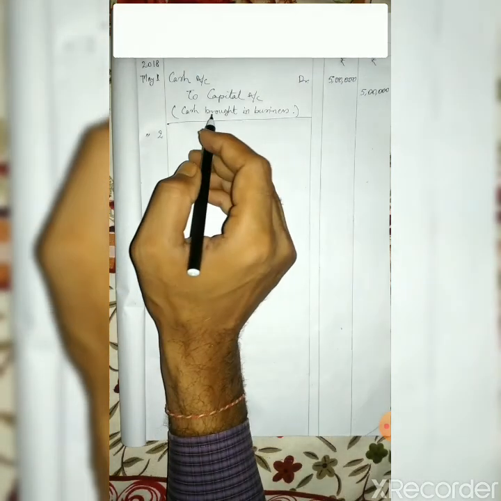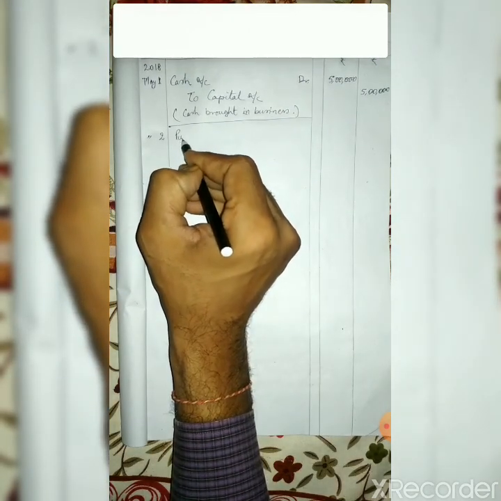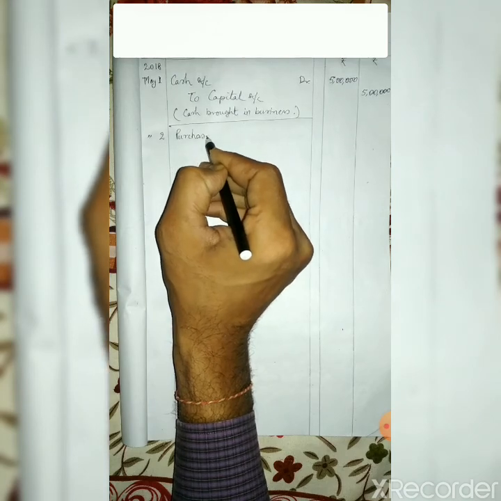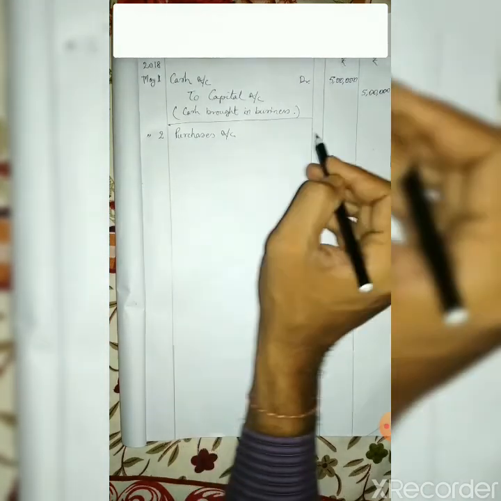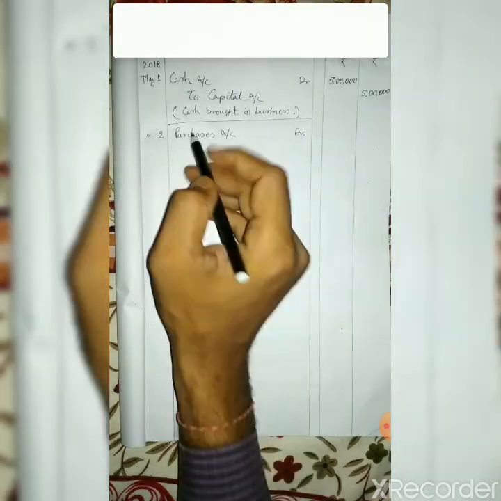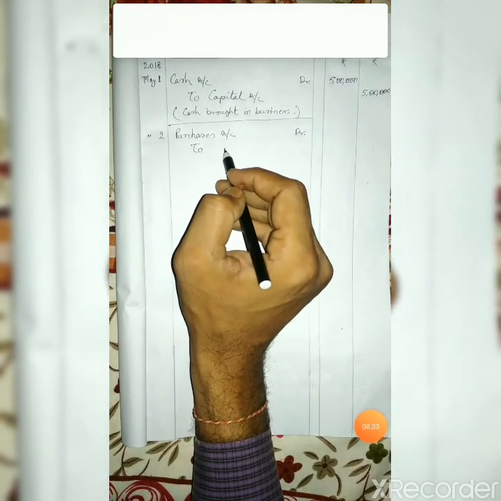So here goods account seems to be a real account because it is a property, but here goods is classified into 5 accounts for the purpose of making the entries simple. So purchase account, sales account, purchase return, sales return and stock account.